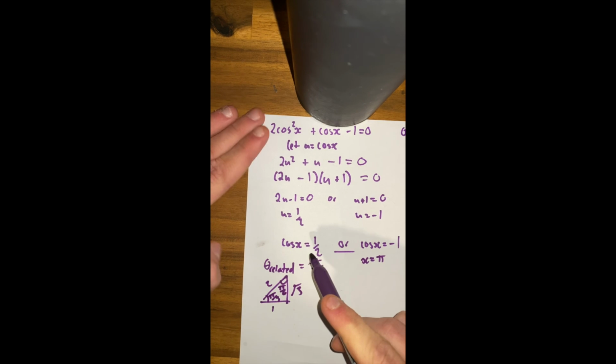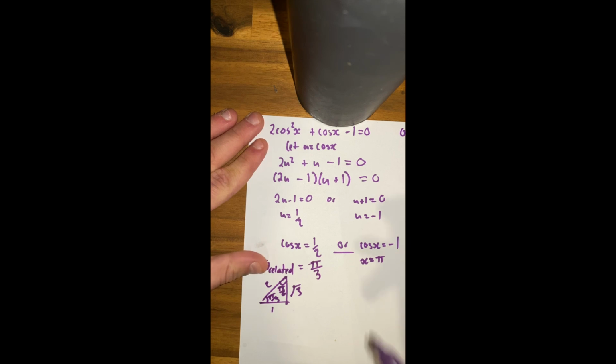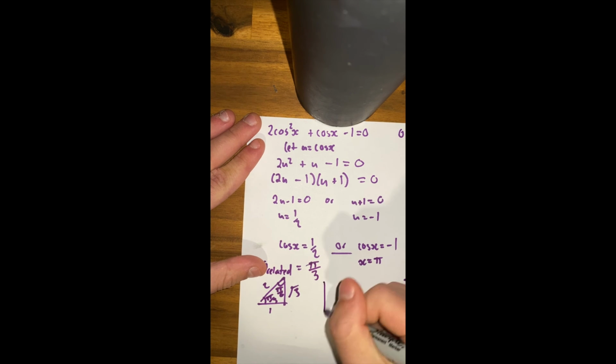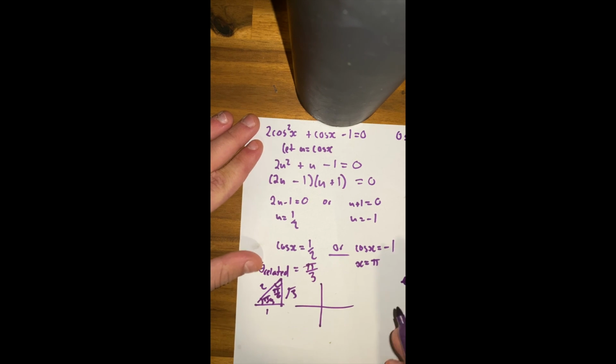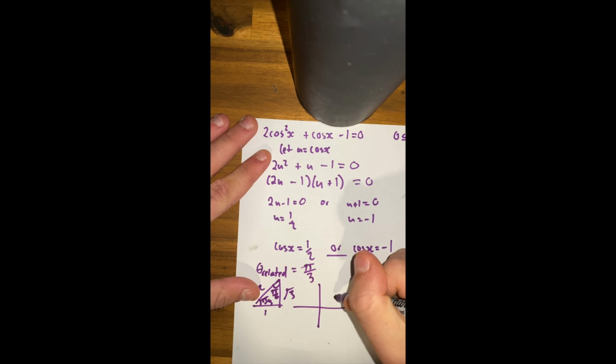Now if we look back, we can see that cos of x is positive, so that means that it's only going to have solutions in the first quadrant and the fourth quadrant.